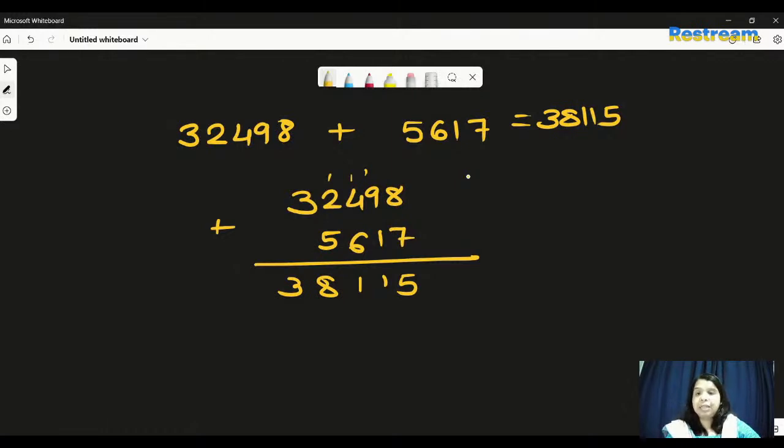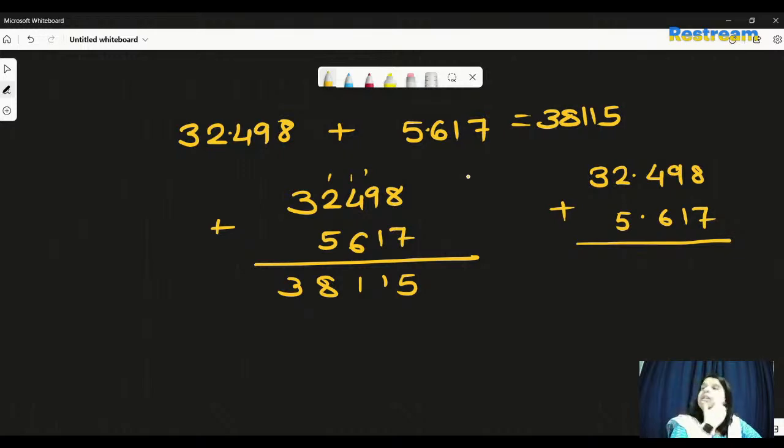Now instead of these being like this, I will put a decimal place over here. Oh, sorry, not there, here. Now you can see they're like decimals. So we are going to do 32.498 plus 716.5.